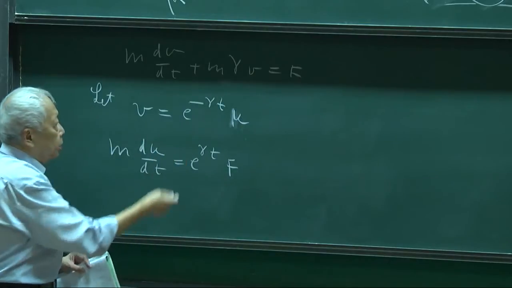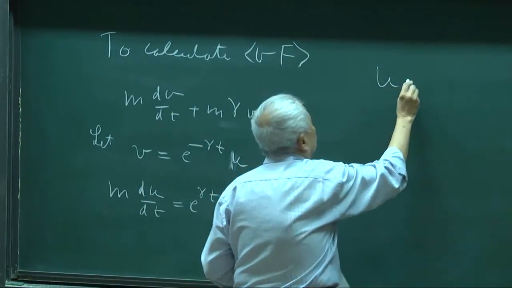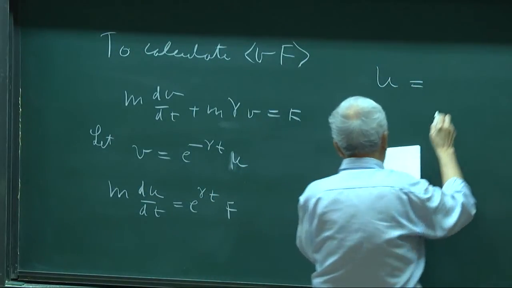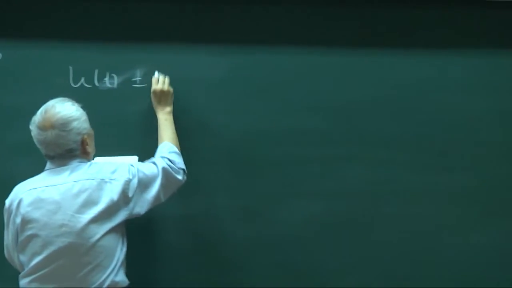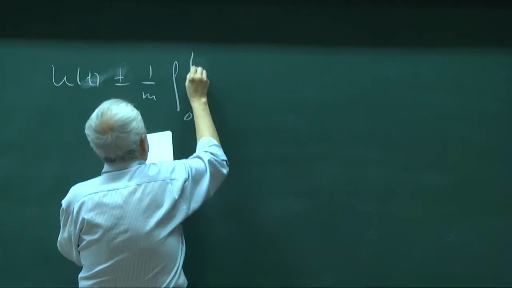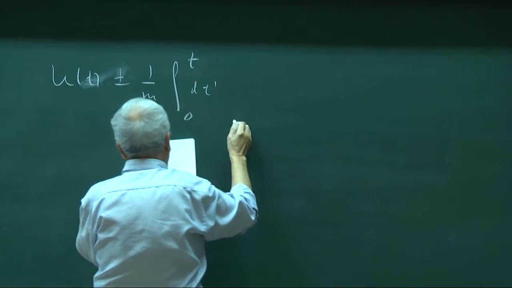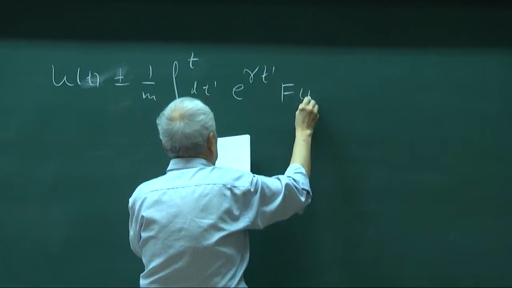And this term can be integrated. Therefore, u of t is equal to 1 over m times the integral from 0 to t dt' e to the gamma t' times f of t'.